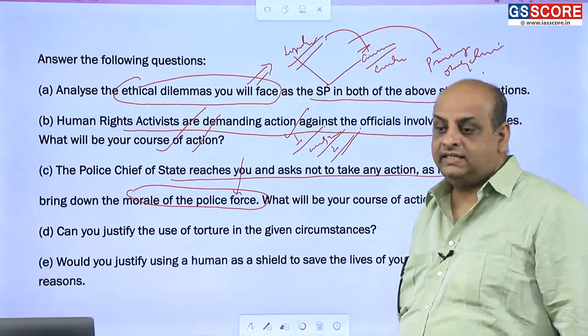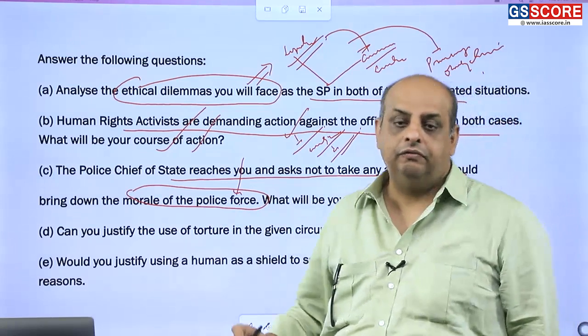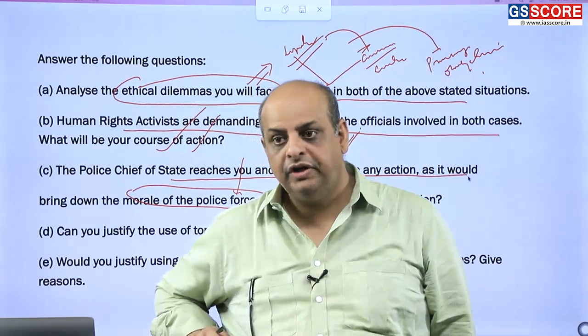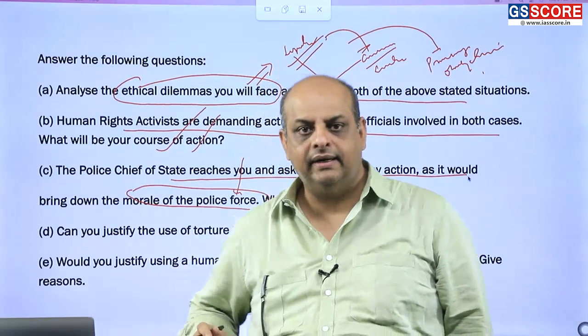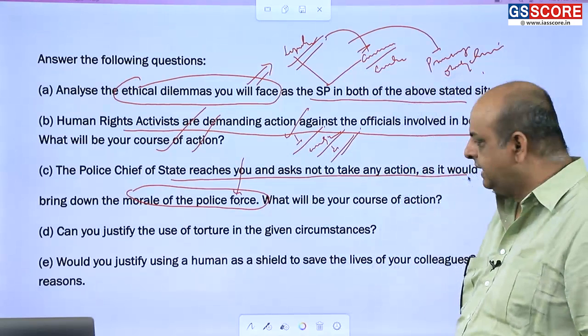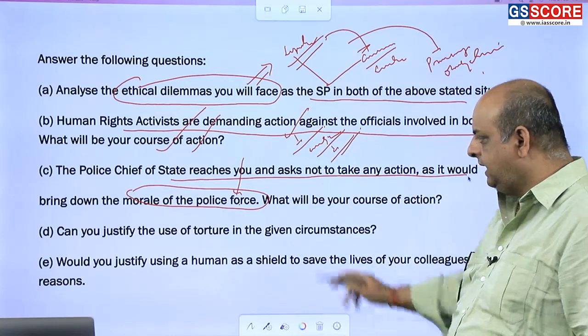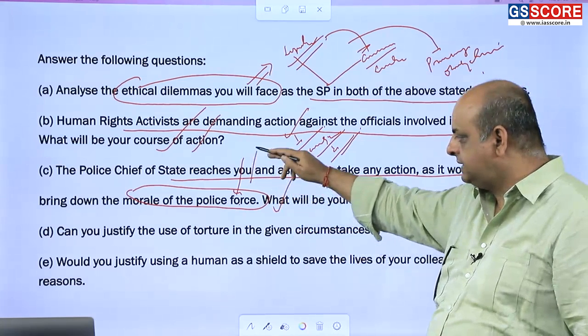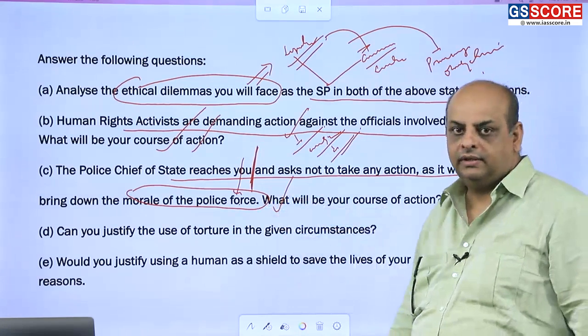Because in both cases the situations were very tough, very urgent, very demanding, and because of that the police officers took that kind of harsh action. Again, there is a conflict of responsibility, that your individual duty, as you can say, as a subordinate also.